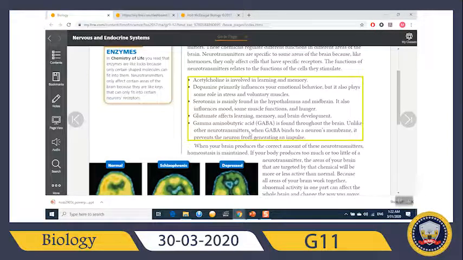Unlike other neurotransmitters, when GABA binds to a neuron's membrane, it prevents the neuron from generating an impulse. So we can find this gamma aminobutyric acid throughout the brain, but unlike the other neurotransmitters, if it binds to a certain neuron, it will prevent that neuron from generating an impulse.